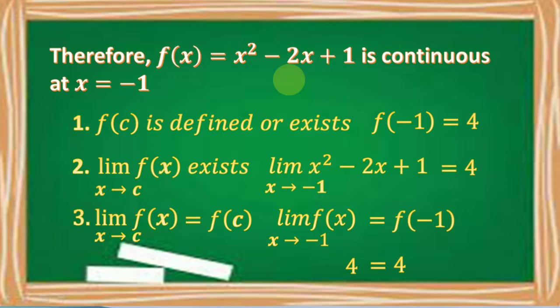And number 3, the limit of f of x as x approaches c is equal to f of c, as the limit of f of x as x approaches -1 is equal to f of -1, which is 4 equals 4.